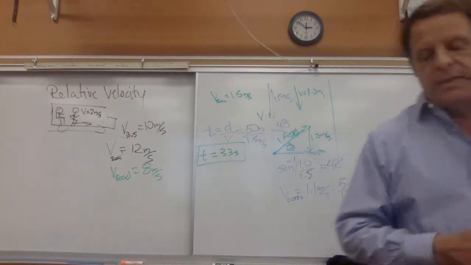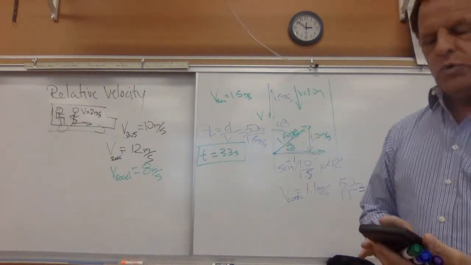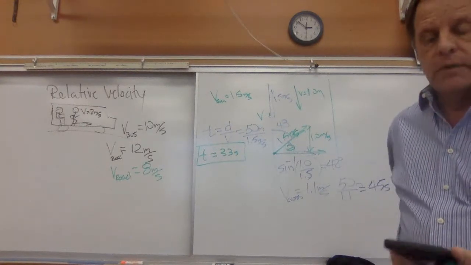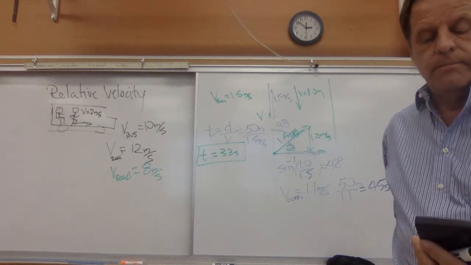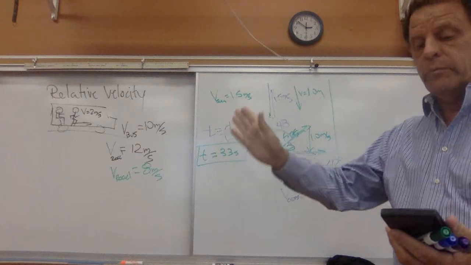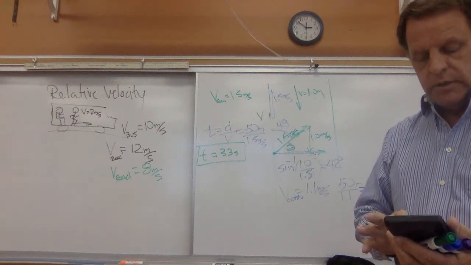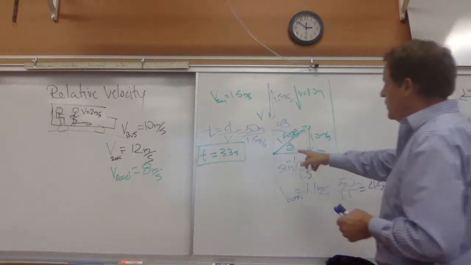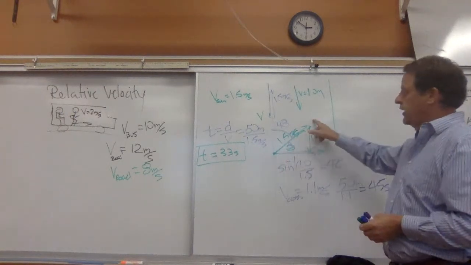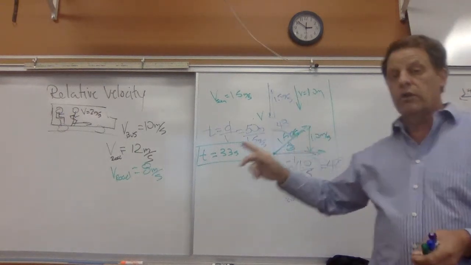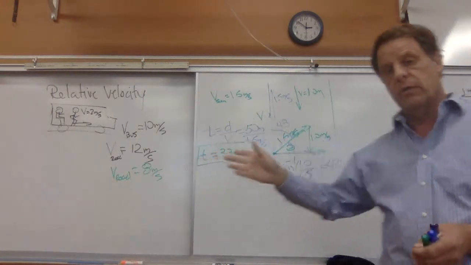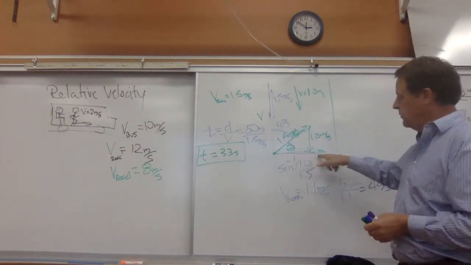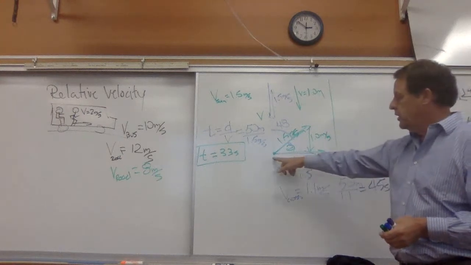Which means that if you were going to swim slightly upstream, it would take you about 12 seconds longer than if you were to aim straight across.